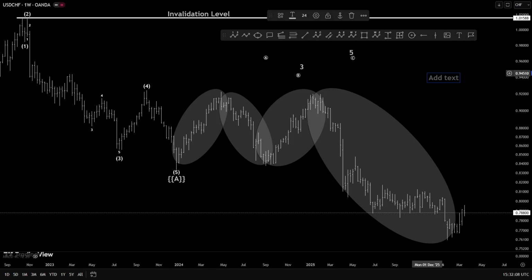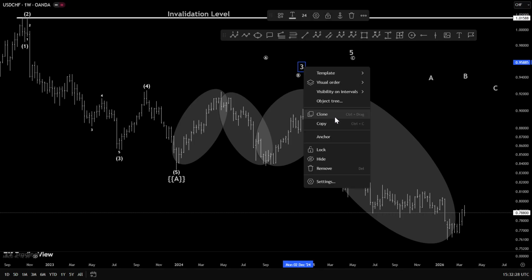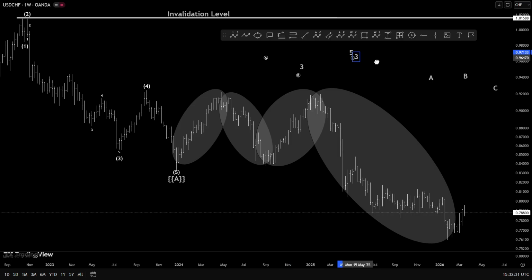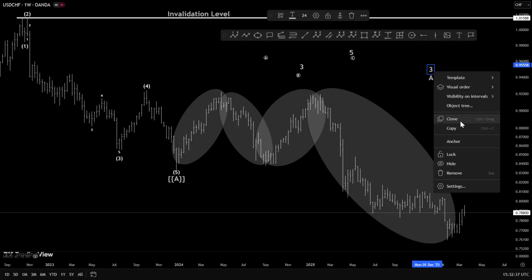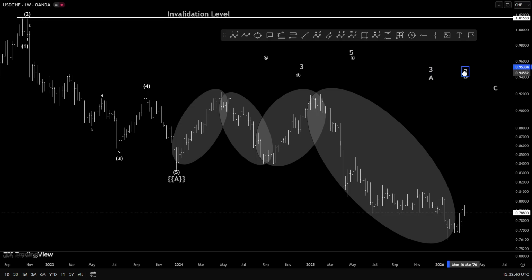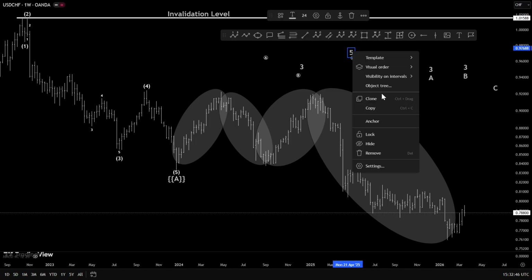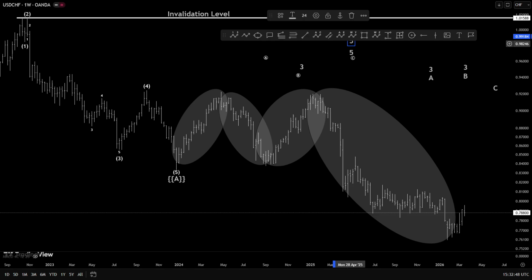is an A, B, and C. And the structure of a flat is quite different from that of a zigzag. Wave A of the flat is 3, wave B is also 3 for flat, and wave C is 5 for flat.